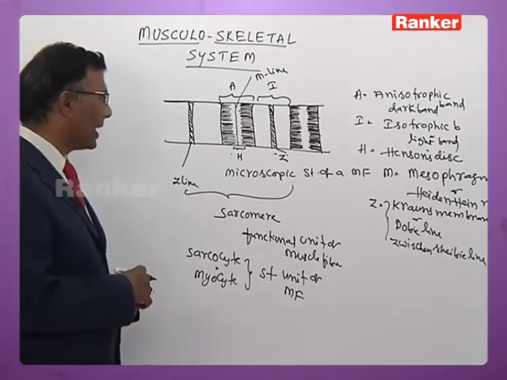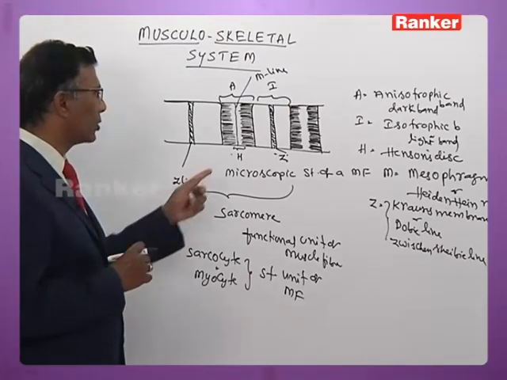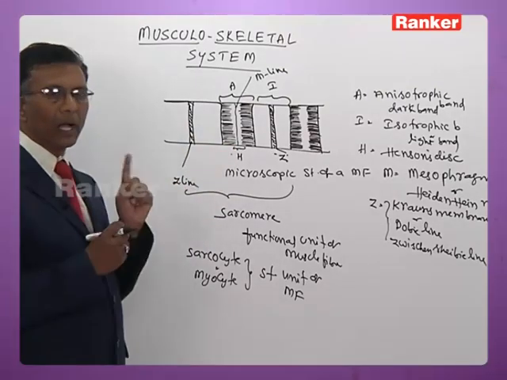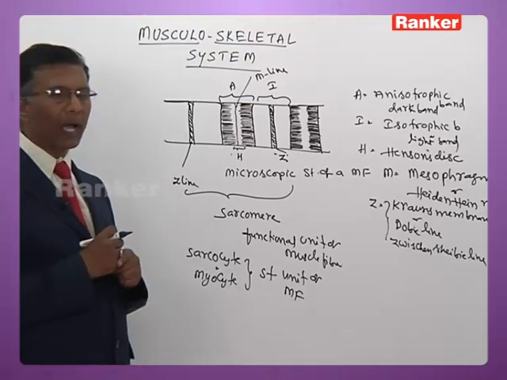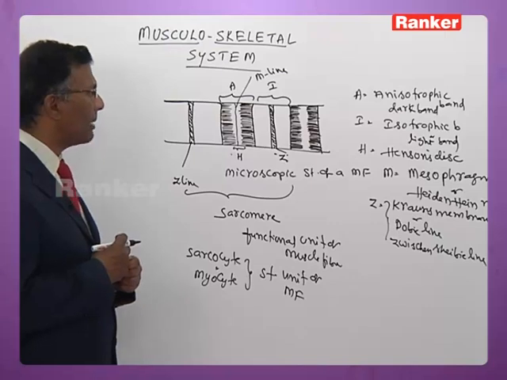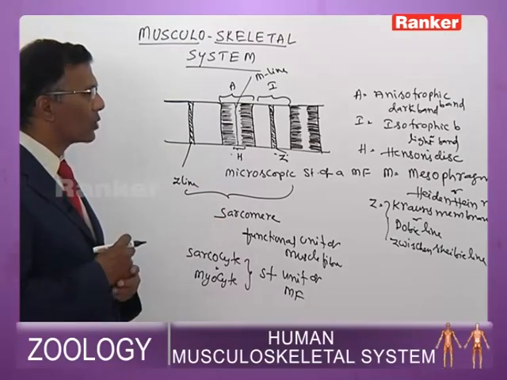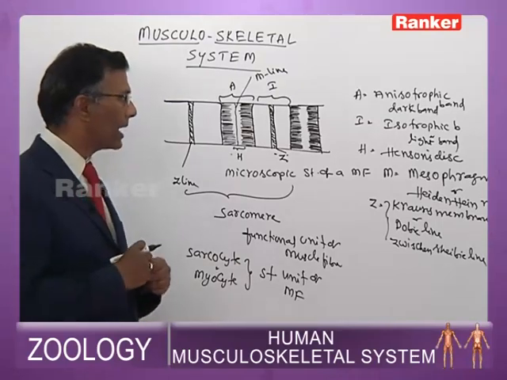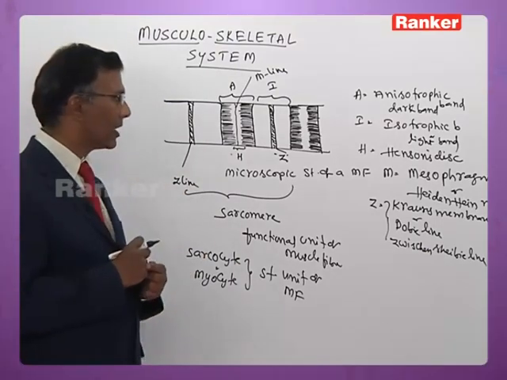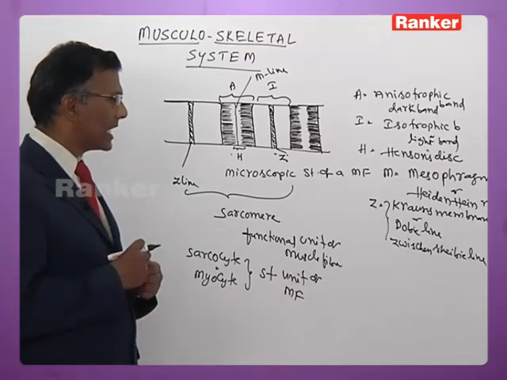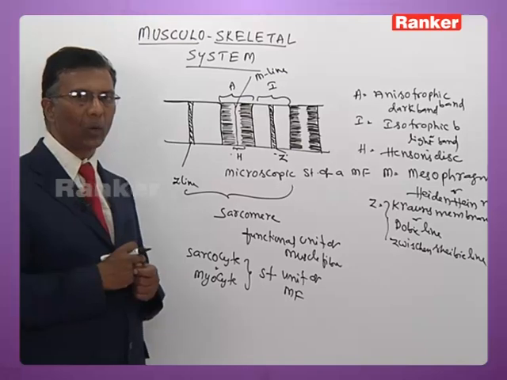And what is sarcomere? It lies between two Z lines. It includes a complete A band and two halves of I band. So with regard to microscopic structure, A stands for anisotropic band or dark band, I stands for isotropic band or light band, H stands for Hensen's disk, M stands for mesophrene line or Hensen's membrane, Z stands for Krause's membrane or Dobie line.